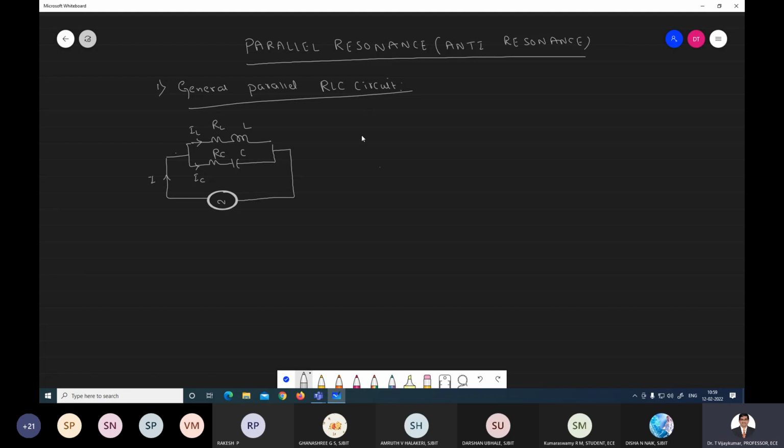Therefore, what is the admittance YL of the branch containing inductance L and resistance RL?